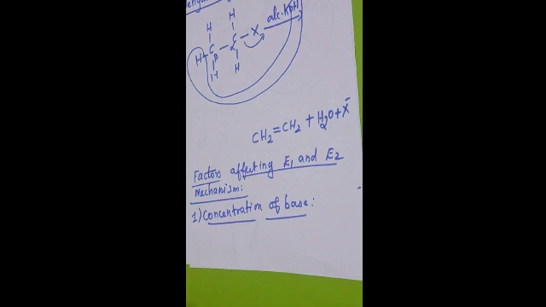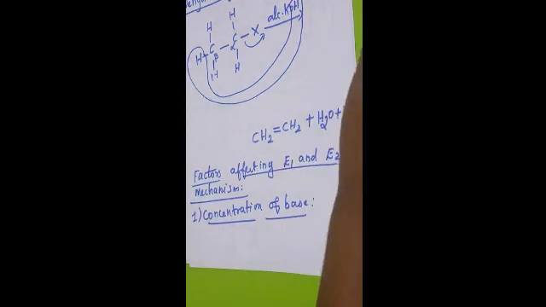Next we see factors affecting E1 and E2 mechanism. First one is concentration of base. At lower concentration of attacking base, E1 reaction predominates as compared to E2 reaction. Thus, a change in the concentration of the base may change the mechanism from E1 to E2.